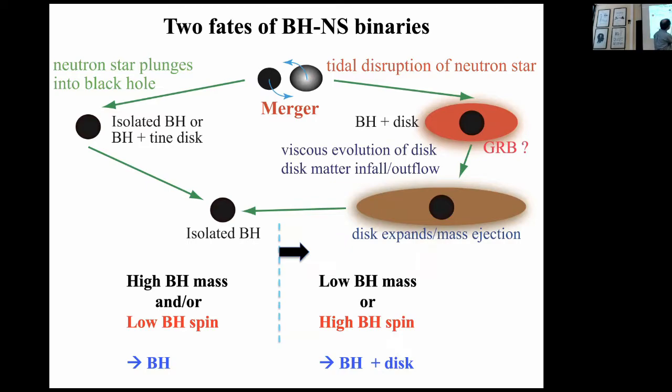By contrast, in the presence of tidal disruption, we have a disk and mass ejection, and so on. So in addition to binary neutron-star mergers, we also have to explore what happens in black hole neutron-star dynamics when we are interested in nucleosynthesis.